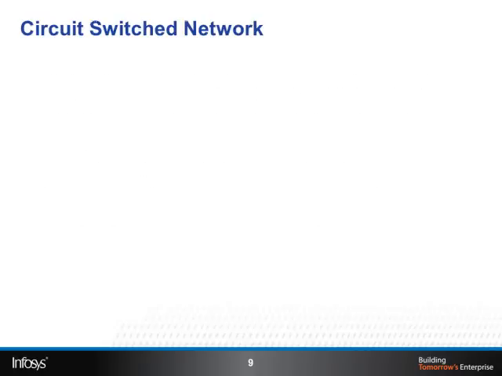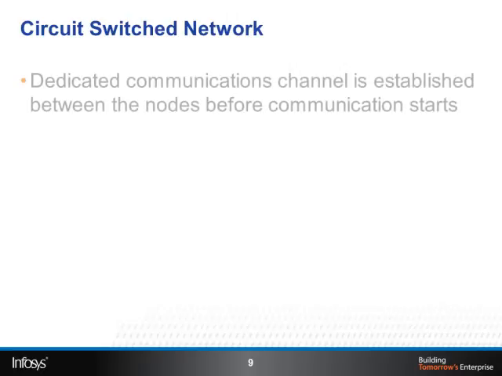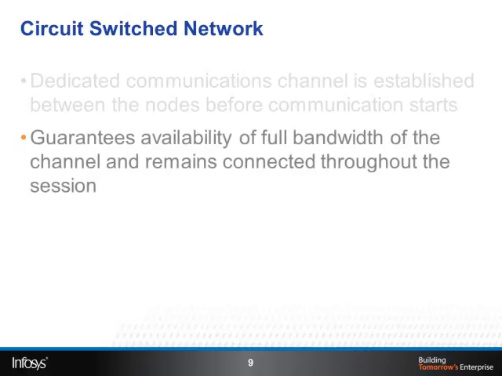The other consideration for classification of networks is based on data flow. A circuit switched network establishes a dedicated communication channel between the nodes before the actual communication starts. This type of network guarantees availability of full bandwidth of the channel and the computers remain connected throughout the duration of the communication.